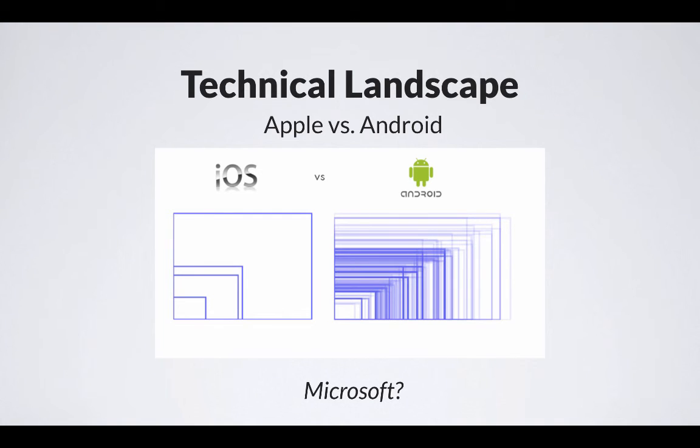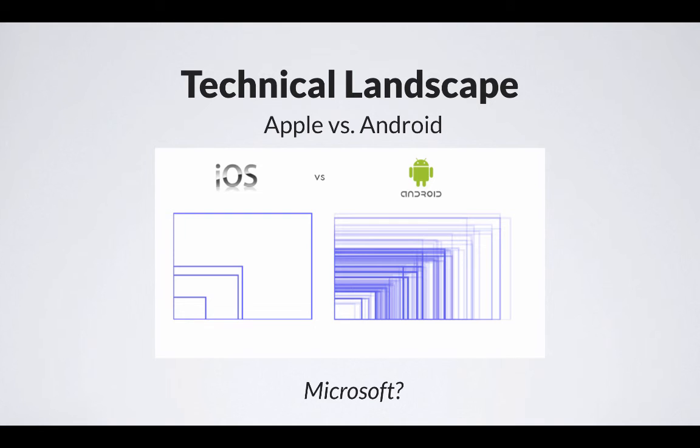Now, that said, be aware that if you're doing things like printing, scanning, payment capture through swipe things and all of that, Apple devices are typically easier to support because it's a far more controlled environment.